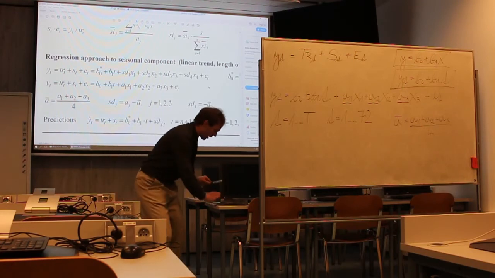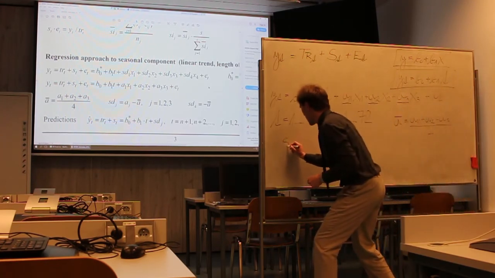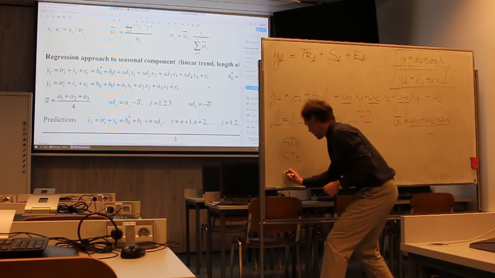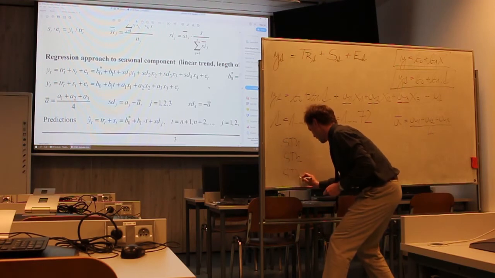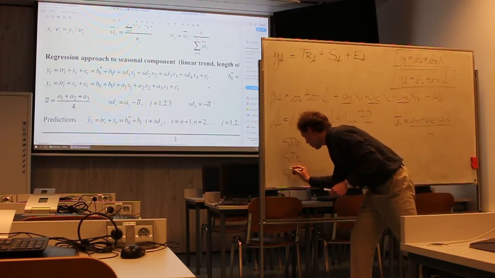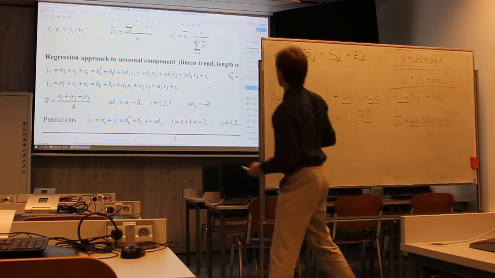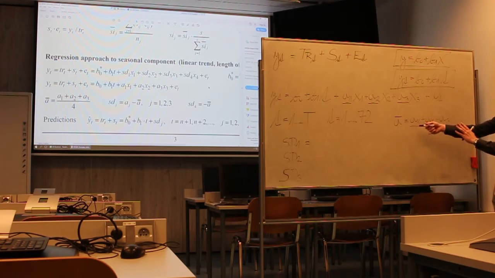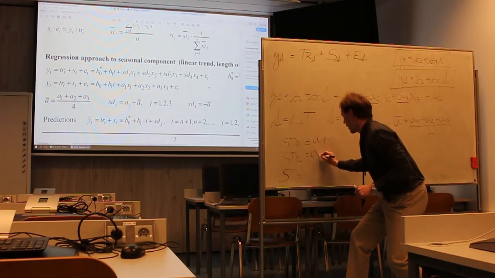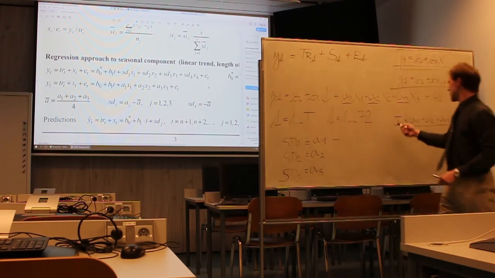Now we have calculated A1, A2, A3. SD1, SD2, and SD3 will be calculated in the same way, like the original value of A1, A2, A3 minus this A mean.